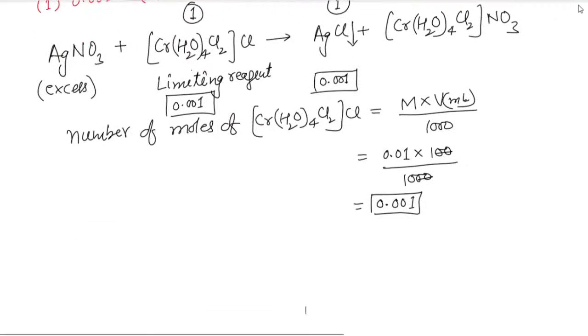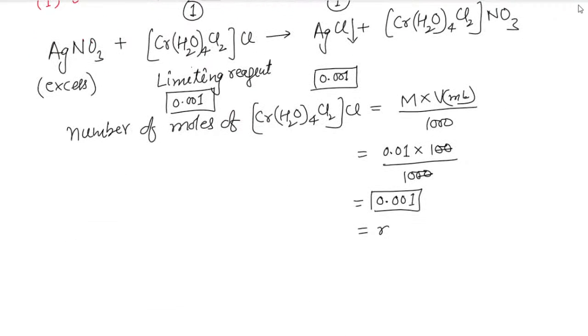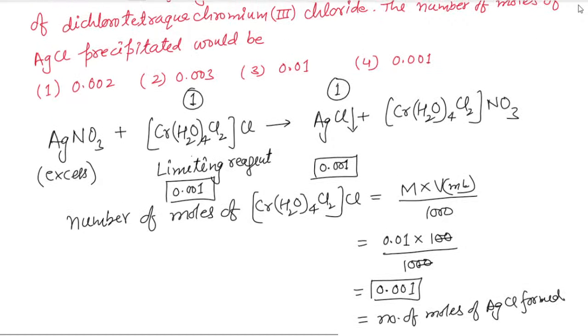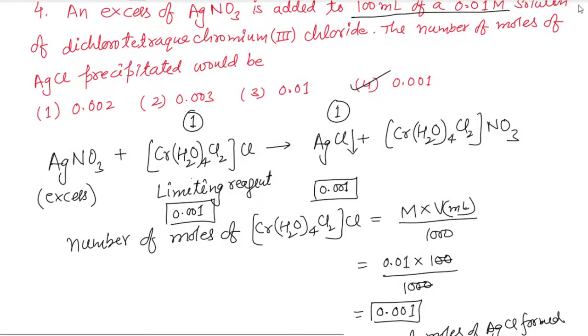So the number of moles of AgCl precipitated would be 0.001, that is option 4, which is correct. Okay.